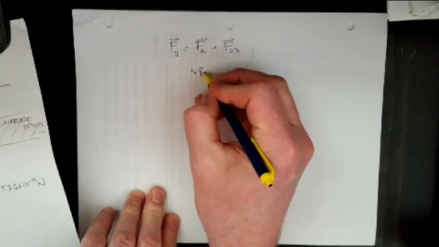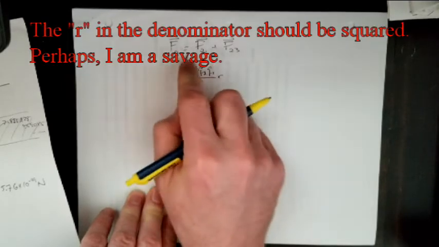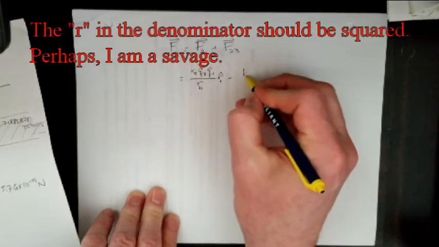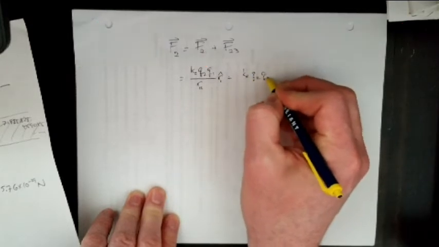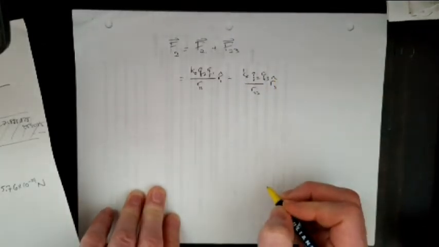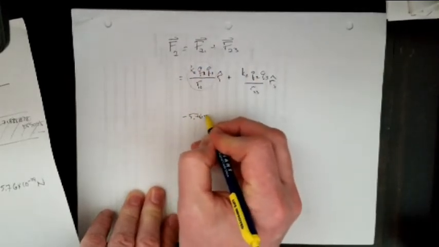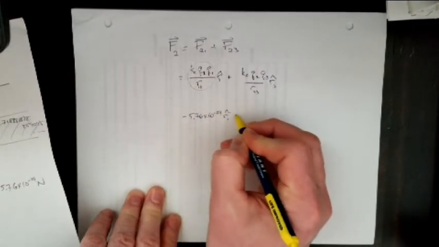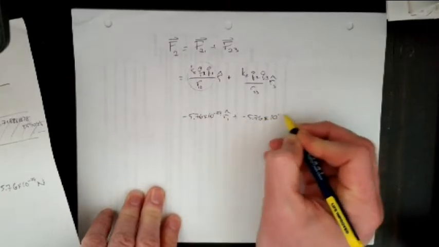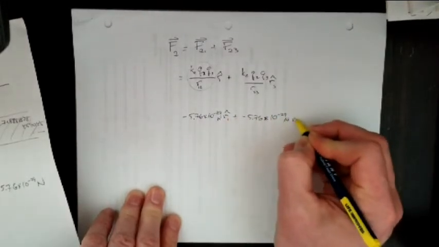Times charge of 2 times charge of 1 over the distance between 1 and 2 squared, r1 hat, plus K_e Q2 Q3 over r23 squared, r3 hat. You work through the math here, you end up with -5.76 times 10 to the -29th newtons r1 hat plus -5.76 times 10 to the -29th newtons r3 hat.